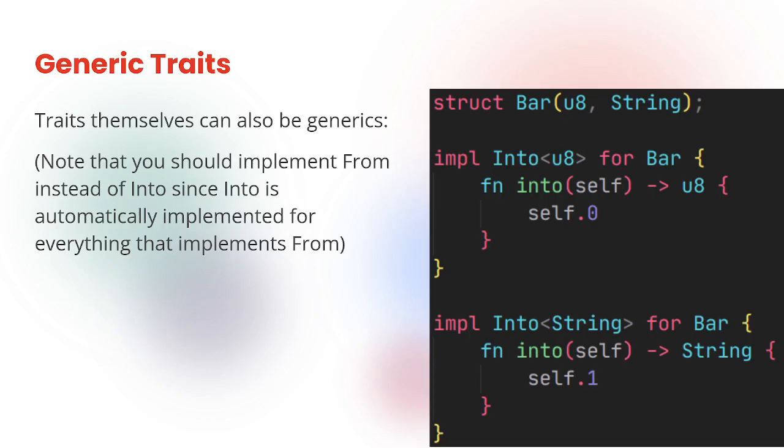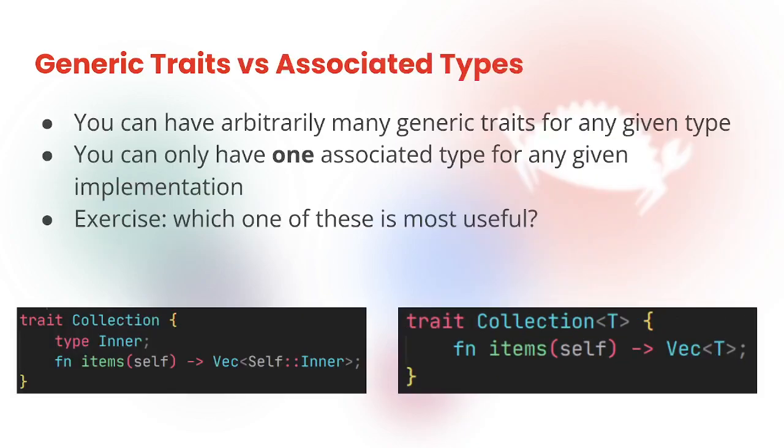Right. Okay. So if you implement From for your own type, let's say you want to make your type convert into some existing type, then it would be implementing From<YourType> for some existing type.